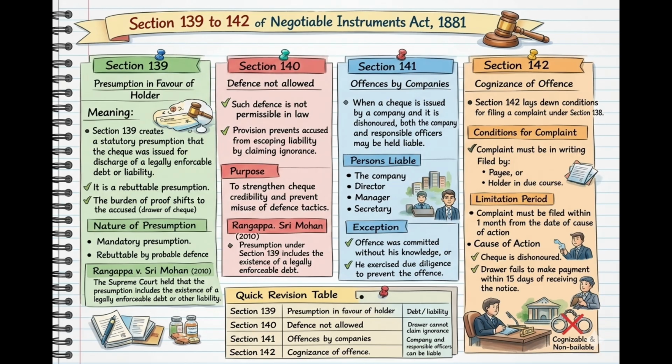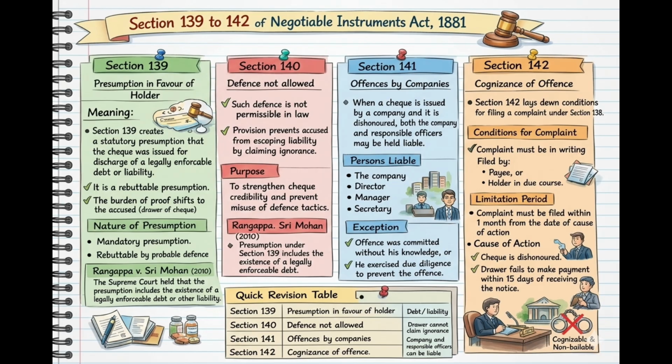Section 141 deals with offences by companies. Section 141 deals with vicarious liability. It states that if a company commits an offence, not only the company but every person who is in charge of and responsible for the conduct of the business at that time shall be deemed guilty.